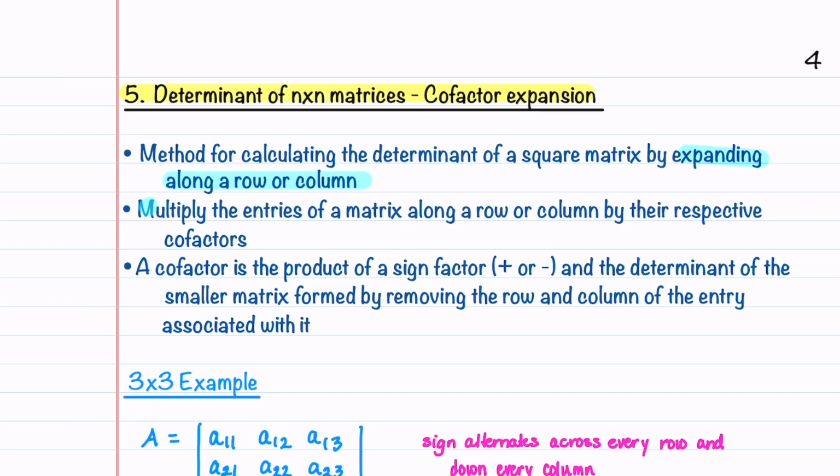We'll multiply the entries of a matrix along a row or column by their respective cofactors. Let me now tell you what a cofactor is. A cofactor is the product of a sign factor, that means either a plus or minus, and the determinant of the smaller matrix formed by removing the row and column of the entry associated with it.